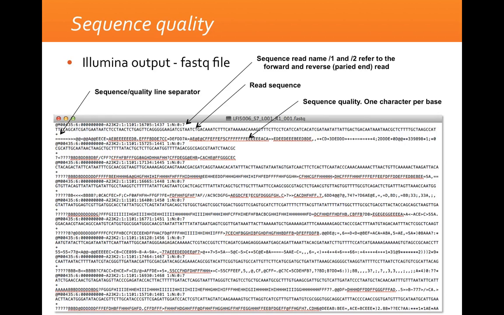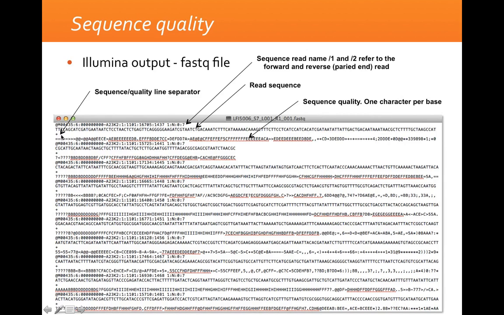This is how a FASTQ file will look like. So this will come directly from the sequencing machine, and it contains 4 lines per sequence that has been produced. So the first line of each sequence read starts with the @ sign and the name of the sequence. And then the second line will be the DNA sequence of this sequence read.